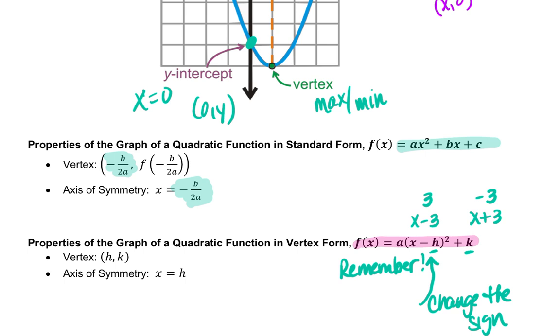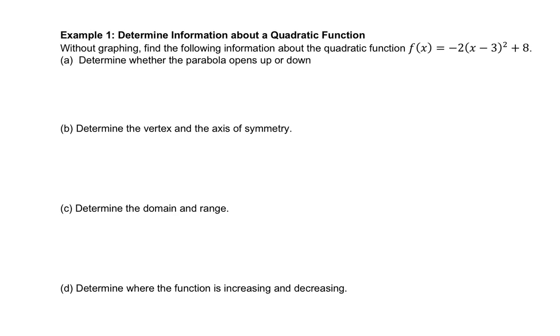Okay? All right, so now go to the first example, which is the white page in the notes, the ones that got crazy. So it will say example 1 at the top. So example 1 is starting out with a vertex form.